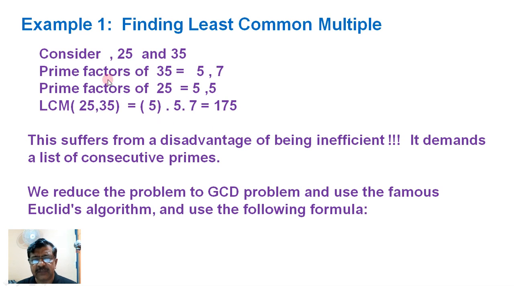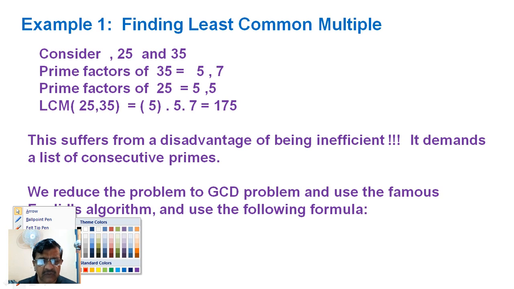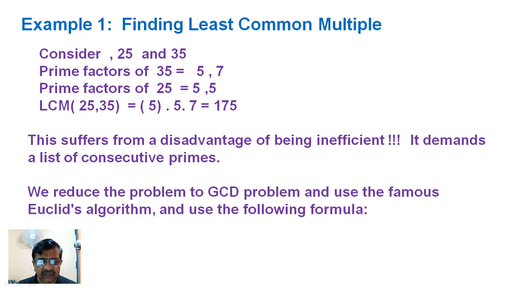Therefore this problem is converted into a GCD problem. Okay, and we have an excellent algorithm written by Euclid, a perfect algorithm to find the GCD. We find the GCD using Euclid's algorithm, and then we find the LCM by using a formula.